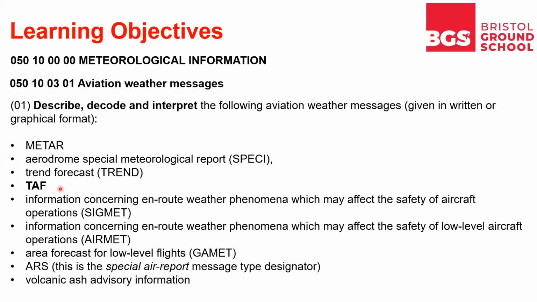The one we're dealing with is a TAF, Terminal Aerodrome Forecast, then SIGMETs, AIRMETs, GAMET, an area forecast for GA at low level, ARS, which is actually just the Special Air Report message type designator, and volcanic ash advisory information. So you need to know how to describe, decode, and interpret all of those, but this question is obviously dealing with the TAF.